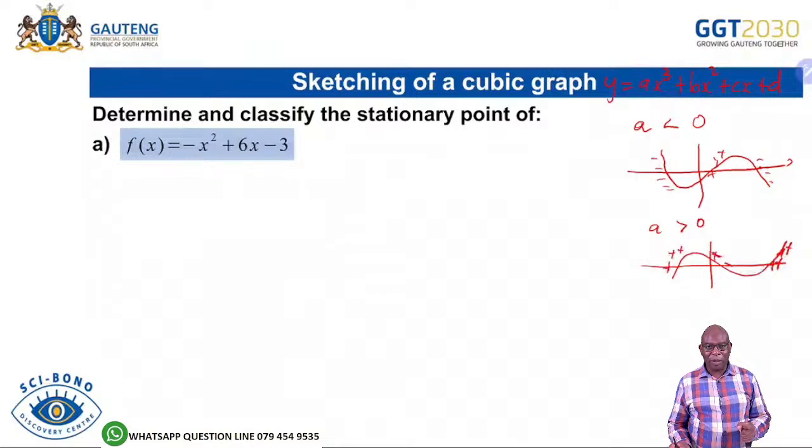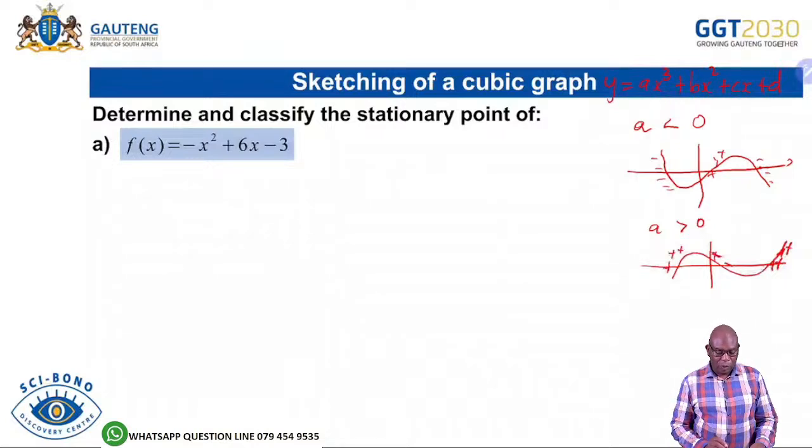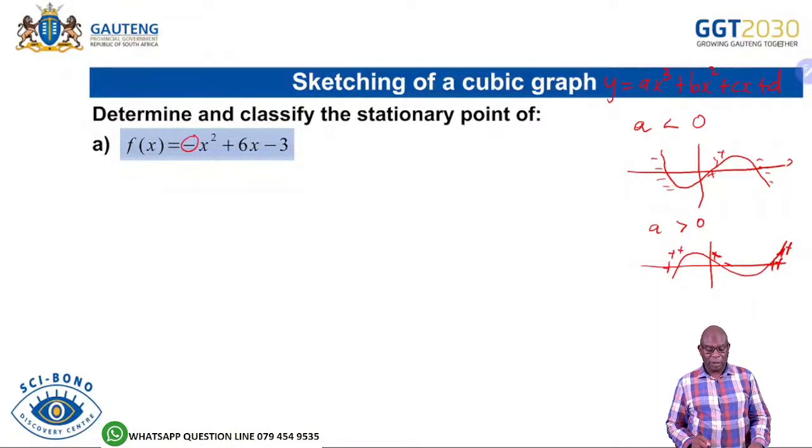With the stationary points, I said we look at the a value. In this case, this is a quadratic equation, not a cubic function. But I just want to show you how we can justify the stationary point. With the quadratic equation it's much easier because I know if the a is negative, the graph is looking downward.